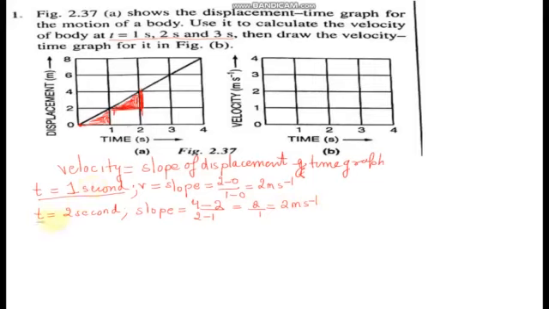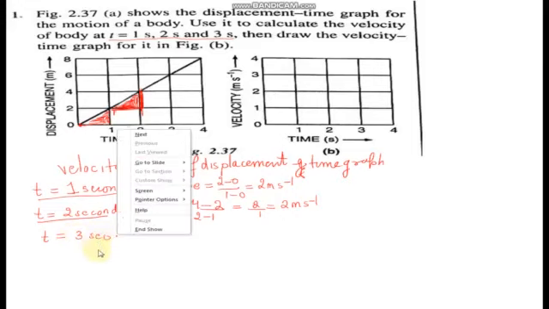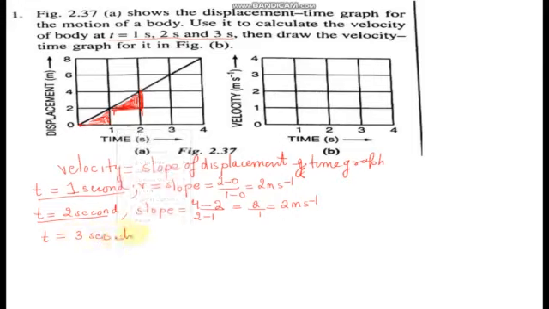उसके बाद आता है when time is equal to 3 seconds. Whatever is the slope, that is the velocity. Now what is the slope here? We will find the slope for this triangle.